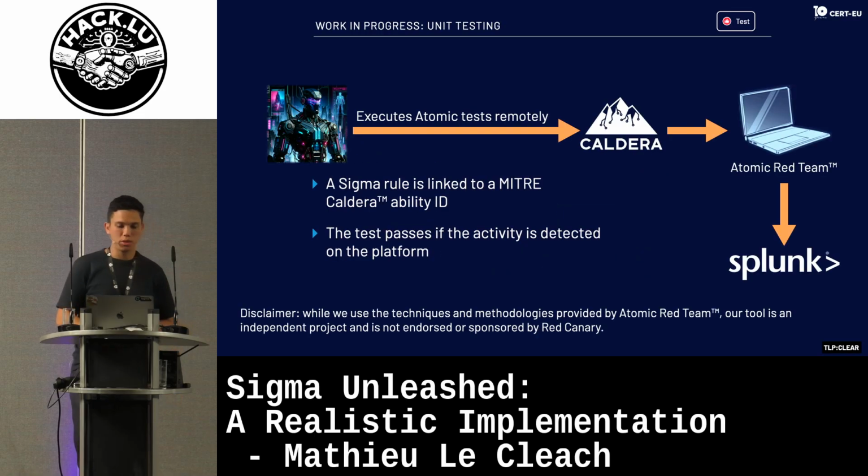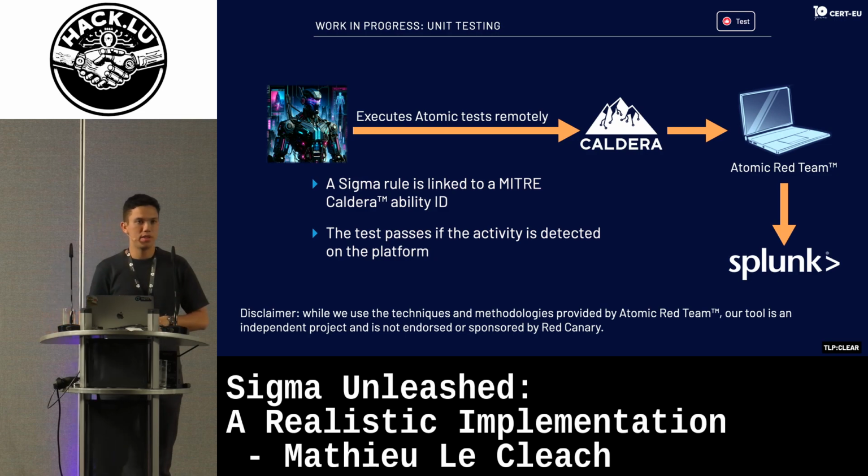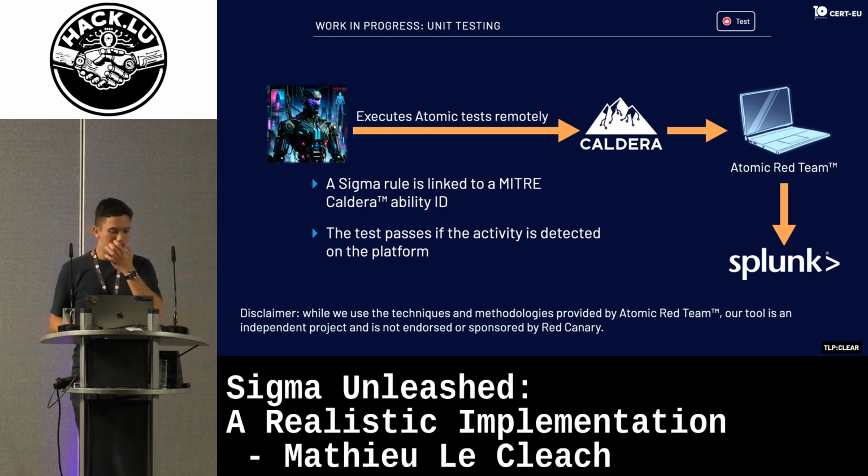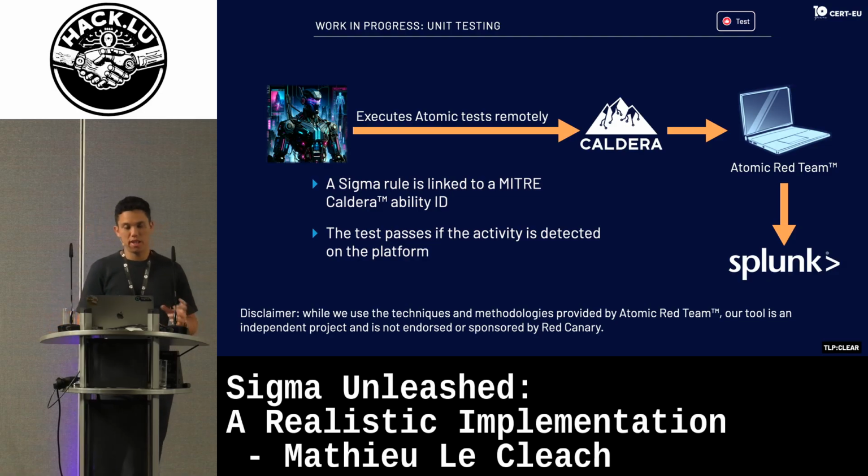Now we are working to introduce some unit testing along the way. So we want to use Mitre Caldera and some Atomic Red Team to test the rule. The idea is to execute a test in a lab, and a Sigma rule is linked to a Caldera ability ID, and then the automation will just execute that behavior remotely.